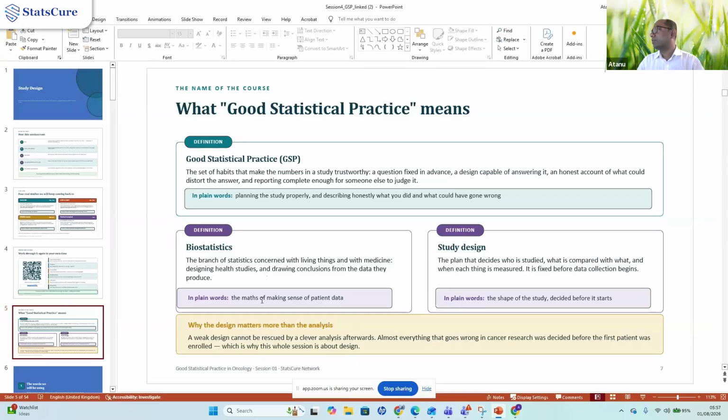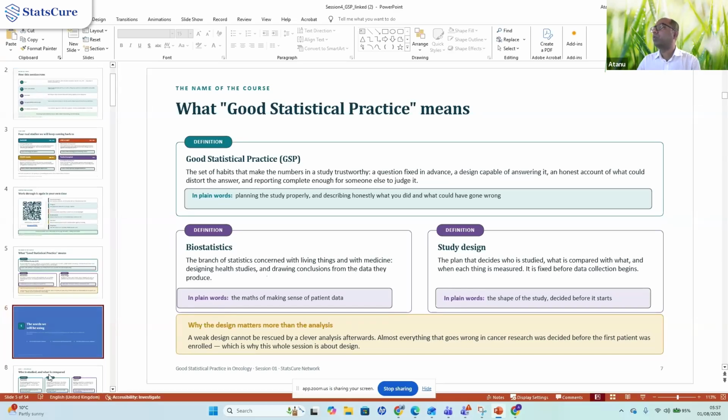One is about the maths that makes sense of the patient data, whereas study design shapes the study and is decided before it starts. It is required because a weak design cannot be rescued by a clever analysis afterward. Almost everything that goes wrong in cancer research or any medical research was decided before the first patient was enrolled, which is why the whole session is about design.